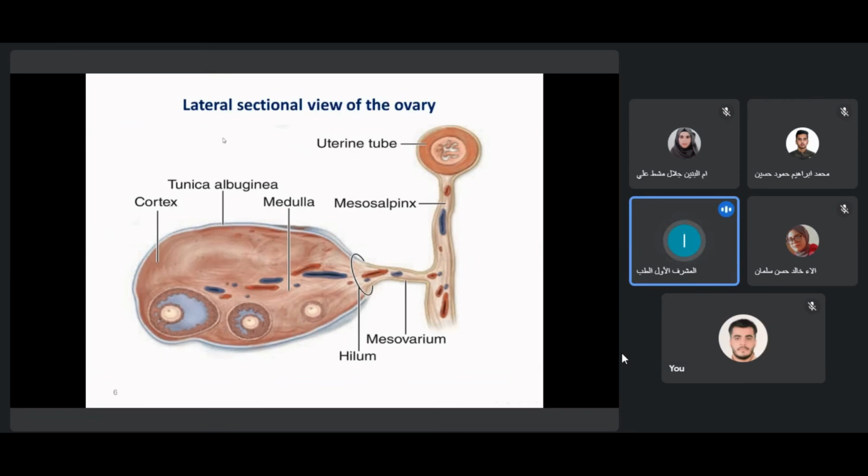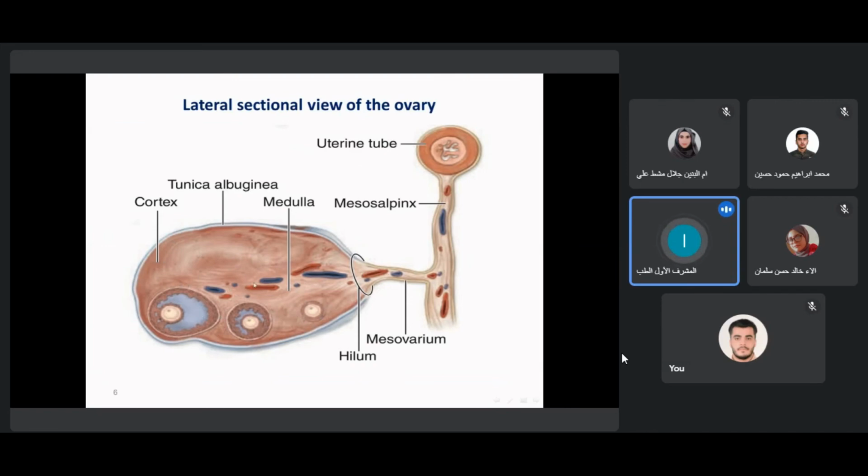Tunica albuginea is a similar covering to what we saw in the testis. Most of the ovary consists of the cortex, which is a highly cellular connective tissue containing the ovarian follicles at various stages of development. The cortex is the site where the ovarian follicles develop.